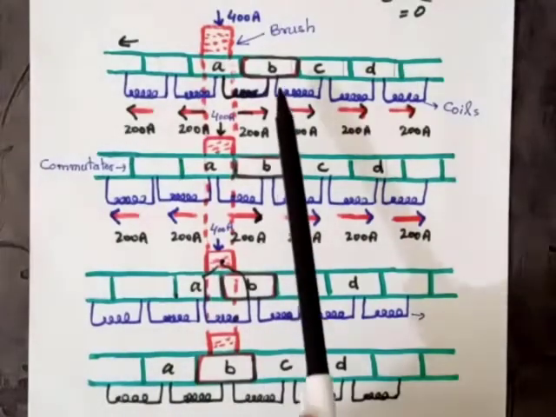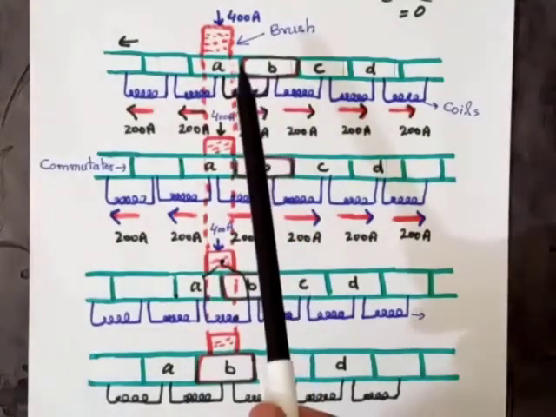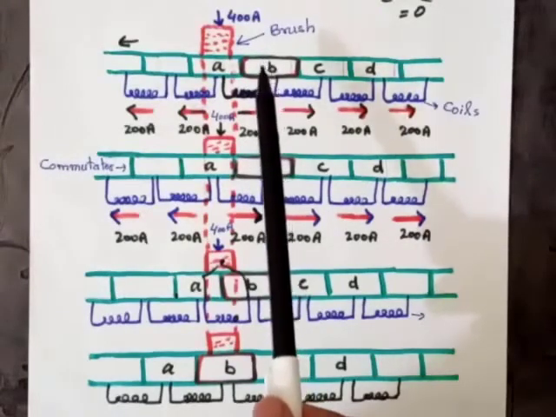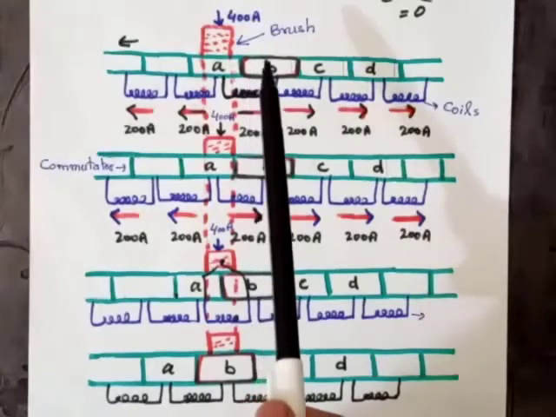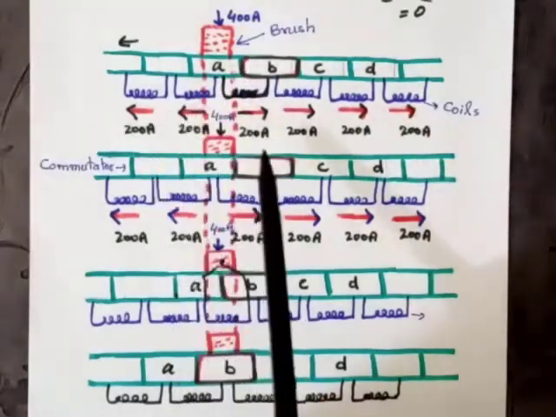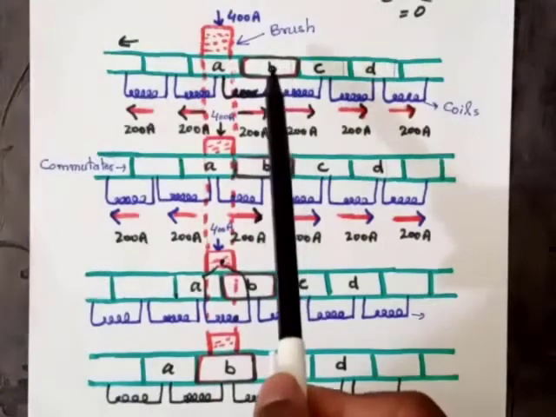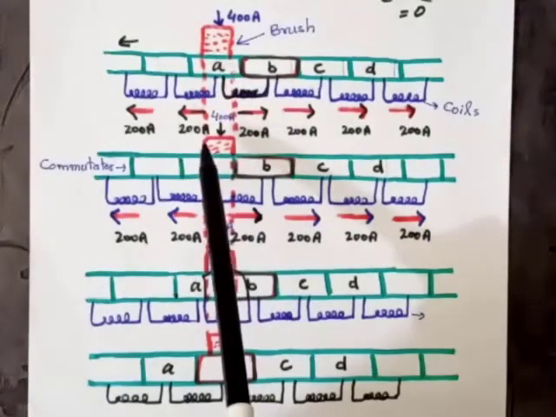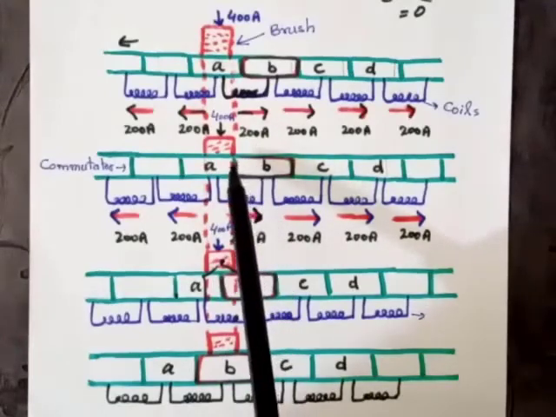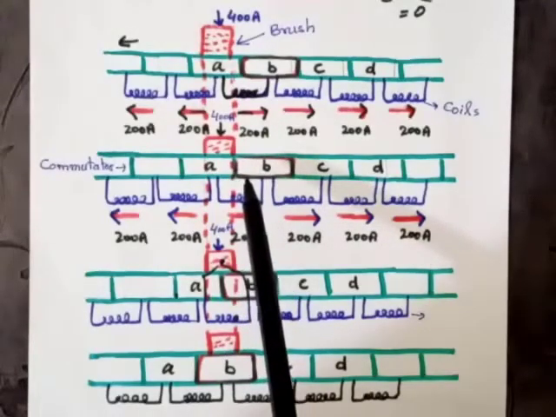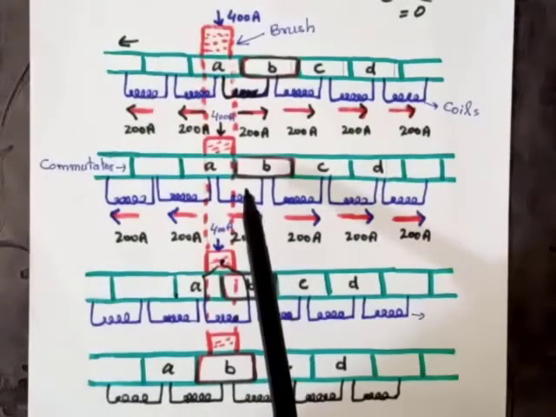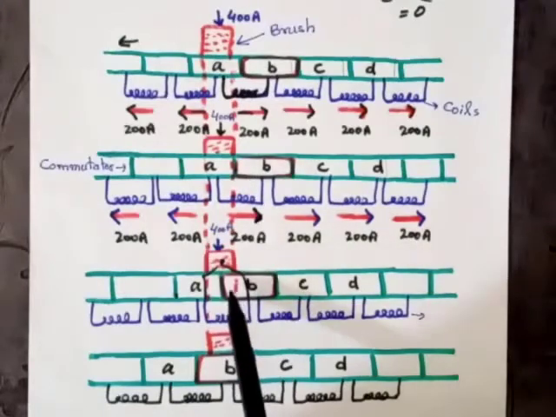Now this is the commutator B that we are concerned with. So the commutator moves a little bit, and the brush comes closer. When the commutator segment moves, the brush comes closer to the commutator segment B. Now this is the point where commutation is going to start.